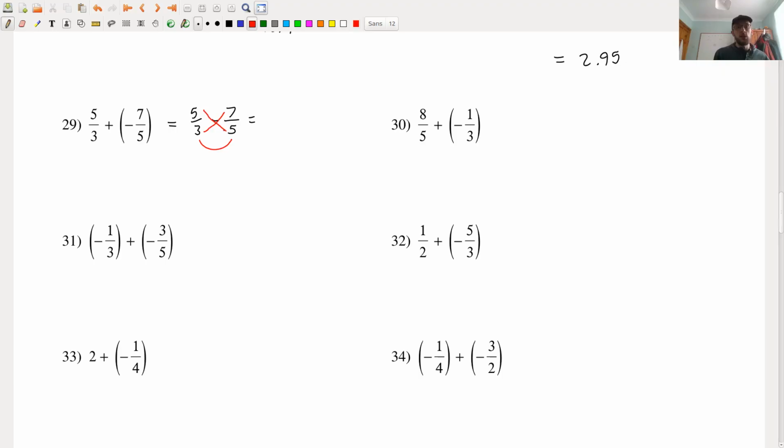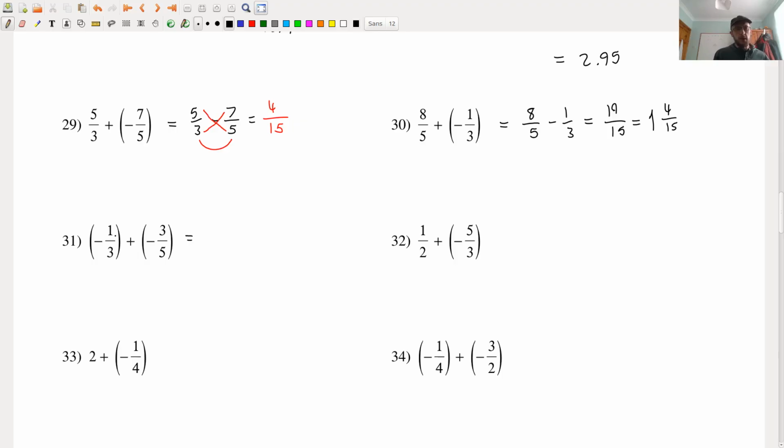So that would be 25 take 21, which is 4, all over 15. Okay, same story over here. 24 take 5 is 19, put that over 15, and there you go. And as a courtesy, you can give it as a mixed number. It's 1 4/15.